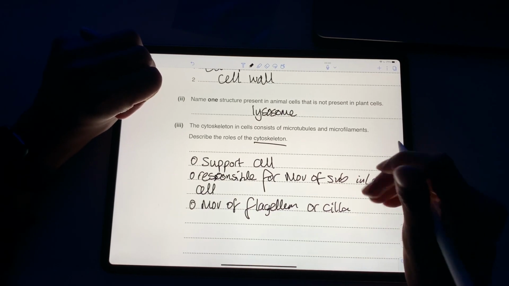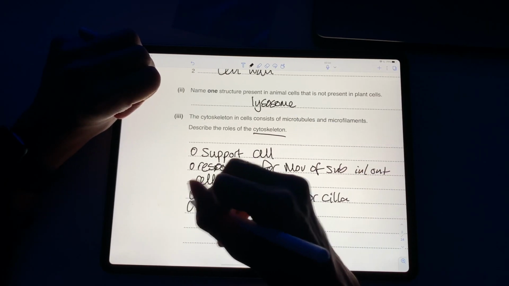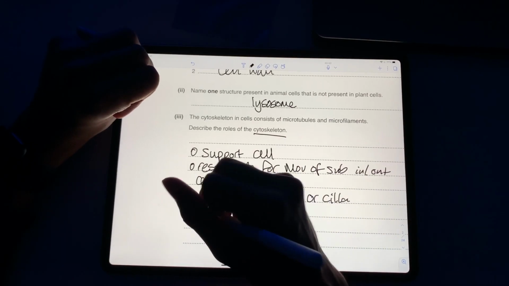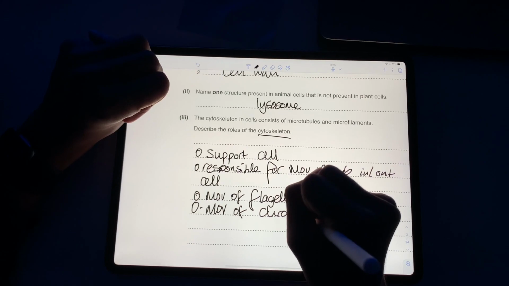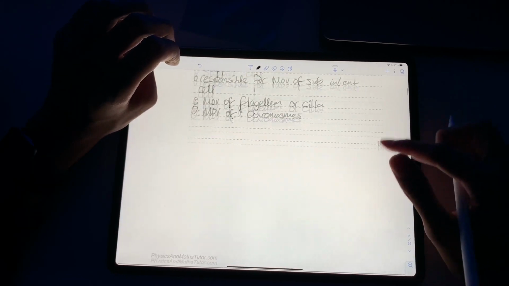Flagellum is the tail, and the cilia are the sweepy cells. What else does it do? Cytoskeleton. Oh, movement of chromosomes. And that's all I remember. Hopefully that's right. Three marks.